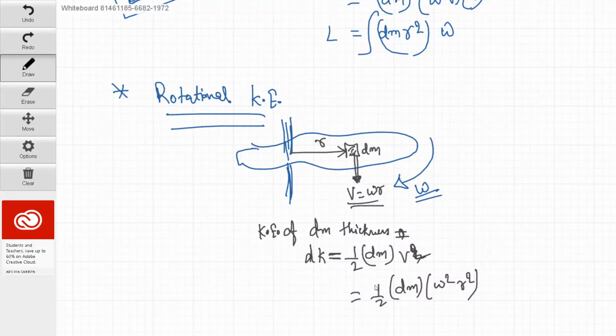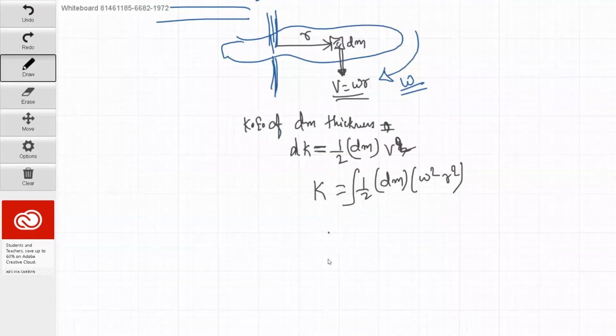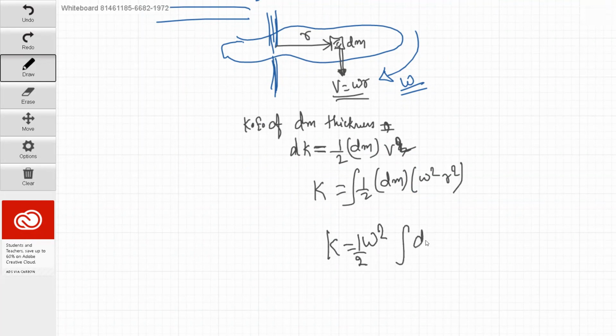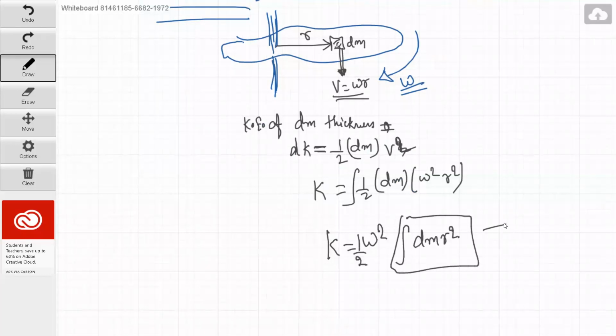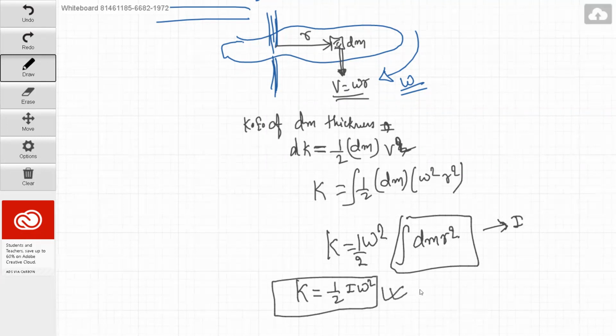If you integrate it, you will get the kinetic energy. Half omega square will be out, and the integral of dm r square is I, the moment of inertia. So kinetic energy is equal to half I omega square. Is this okay? This is a very, very important formula. Kinetic energy of a rotating object is half into I into omega square. Copy it.